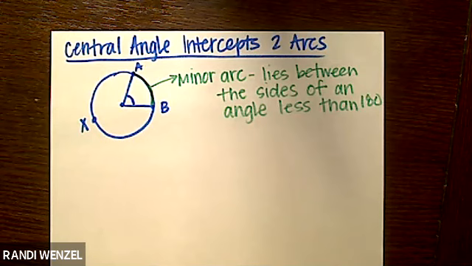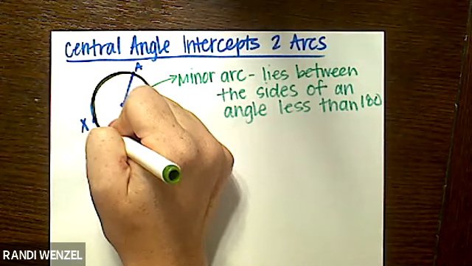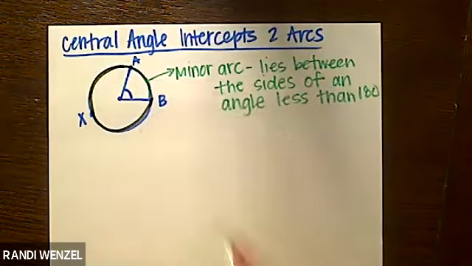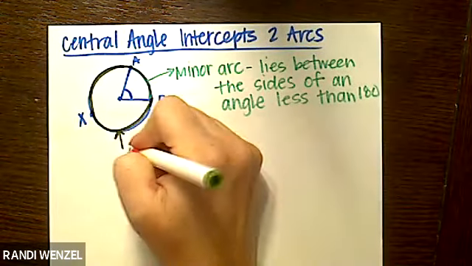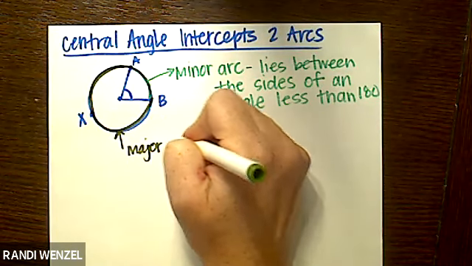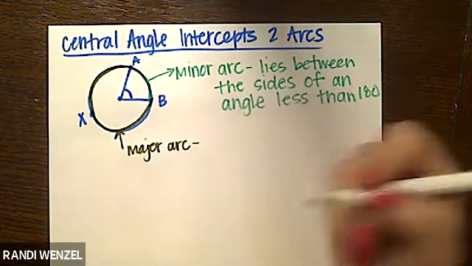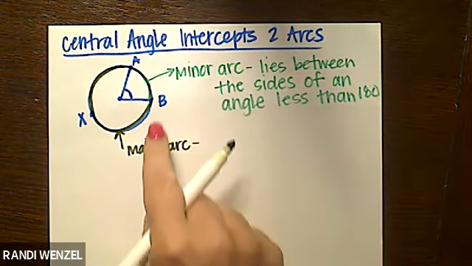Now, we also have this big arc right here formed. That one is called a major arc. If you think minor is small, major is big. So the major arc is outside the central angle created by the minor arc.